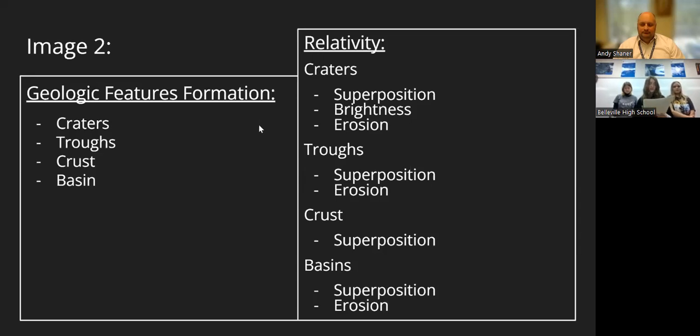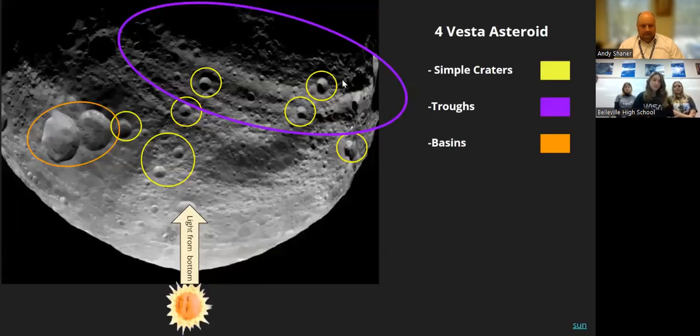And then for the relativity, the simple craters' ages can be told through their erosion and superposition. So like certain craters on top of each other, or the sharpness or dullness of their rims and their features.